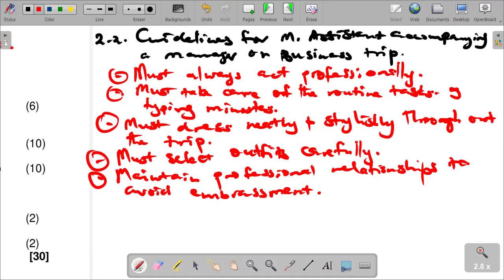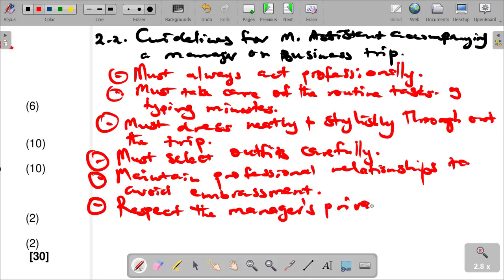And also respect the manager's privacy. The management assistant must also respect the manager's privacy.